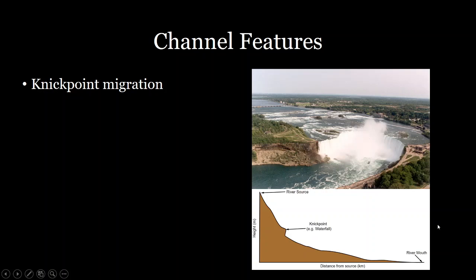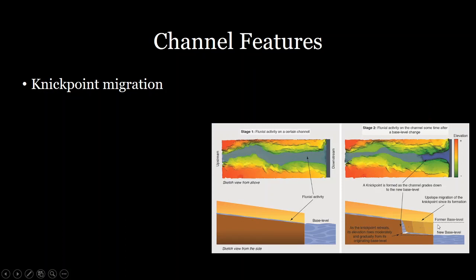Nick points form and they migrate upstream as a response to changes in the base flow level. For example, if you have a fall in sea level, then that signal takes some time to propagate upstream.